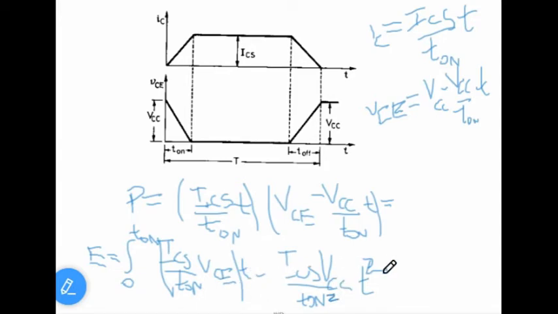The positive term is the same. One is t, the other one is t square. Therefore, if you integrate it, you will get one in terms of t square by 2, the other one is t cube by 3. If you substitute the limits 0 to t on, finally you will get the answer.